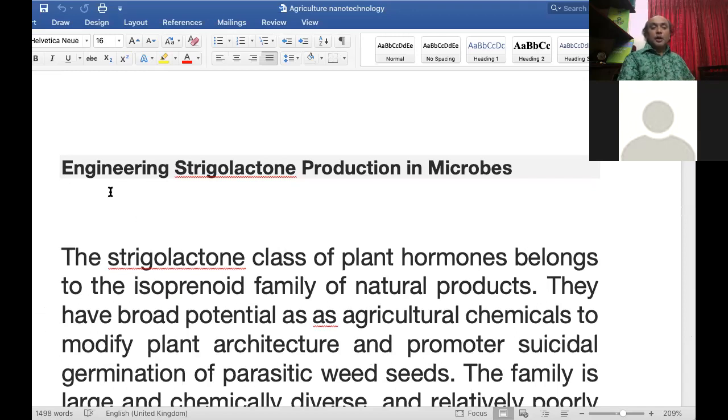I'm telling you maybe the last topic, the engineering striga production in microbes. Striga, perhaps you heard about this plant hormone, striga. It is associated with the cell elongation, and this is why striga is associated with dwarfism of the plant.